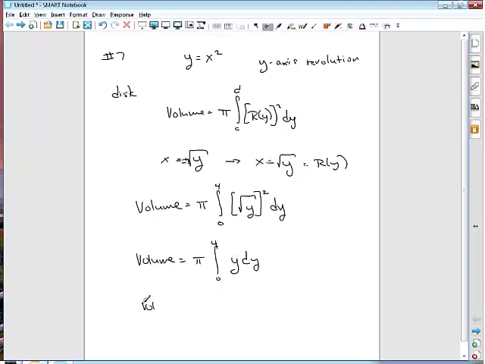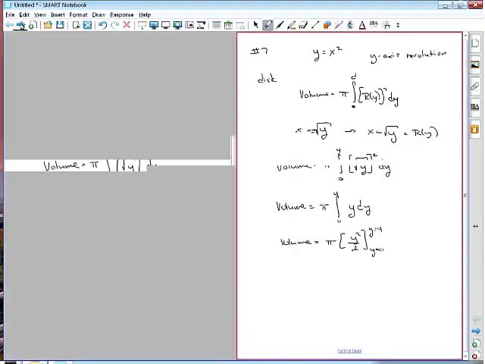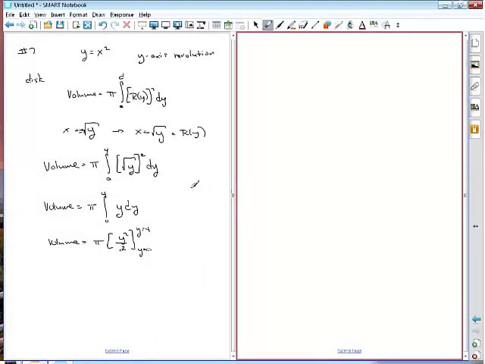And then we can integrate. The integral of y dy is y squared over 2. And we integrate that between y equals 0 and y equals 4. So we just evaluate this at the upper limit and subtract this evaluated at the lower limit.